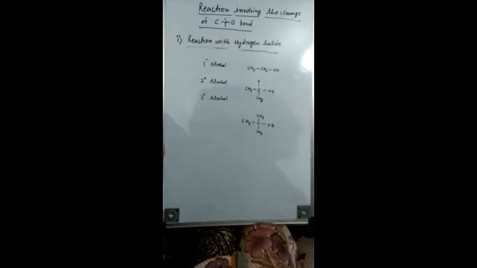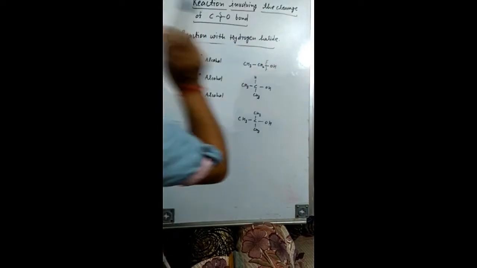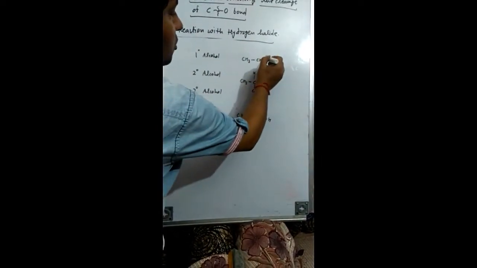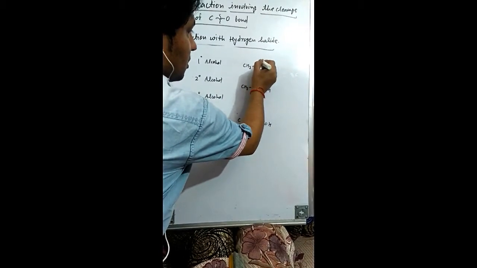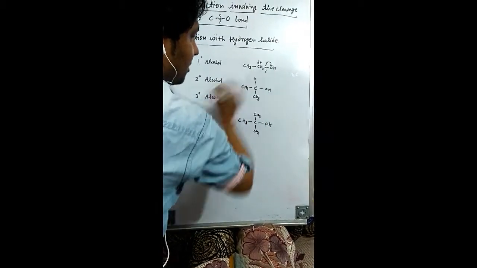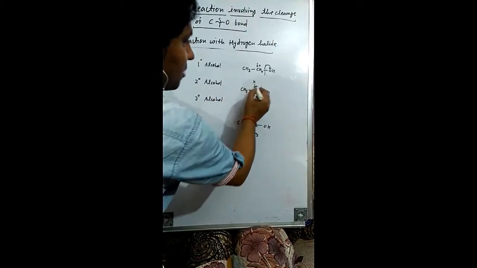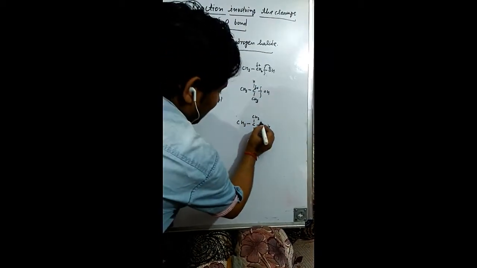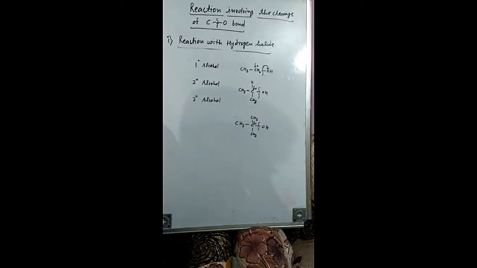When the bond between carbon and oxygen splits, oxygen is more electronegative, so the bond electrons will be transferred towards the oxygen. So this carbon gets a partially positive charge. Same here, when the bond splits, this carbon gets the partially positive charge.